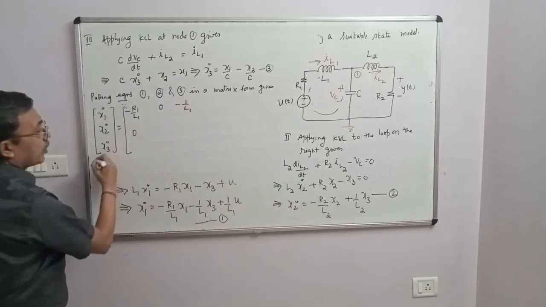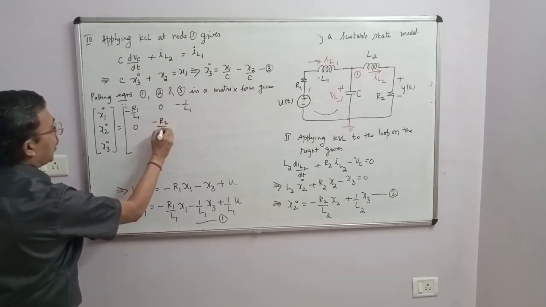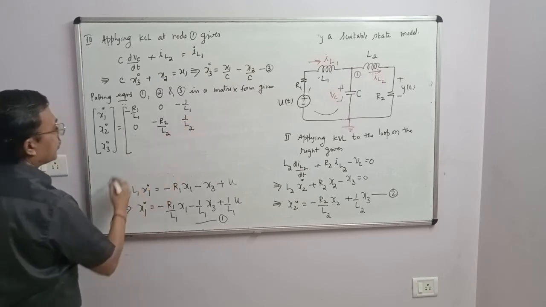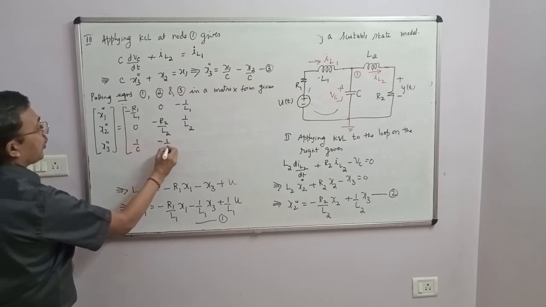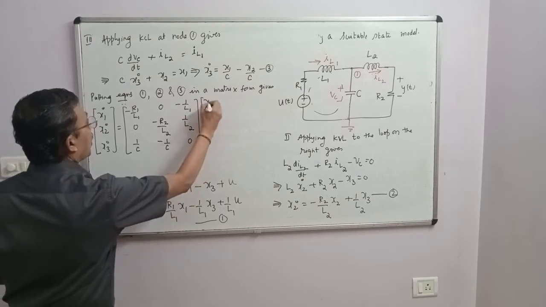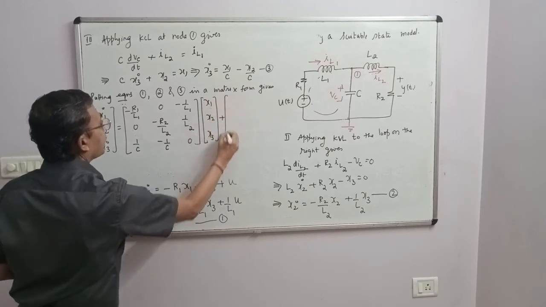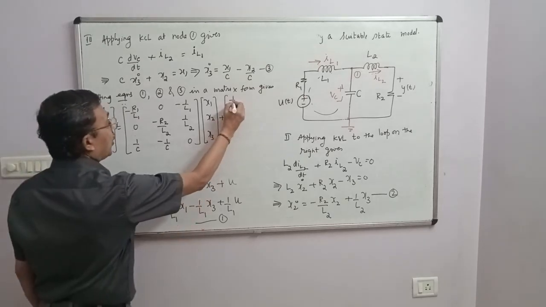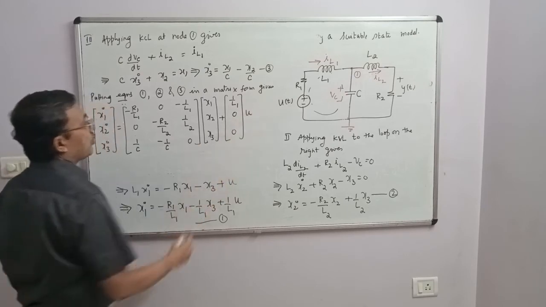No x1. Coefficient of x2 is minus R2 by L2. Coefficient of x3 is 1 by L2. Go to the third equation. Coefficient of x1 is 1 by C. Coefficient of x2 is minus 1 by C, and 0. Multiplied by the column matrix x1, x2, x3, plus, in equation 1 coefficient of u is 1 by L1. Equations 2 and 3 do not contain u. This is the state equation.